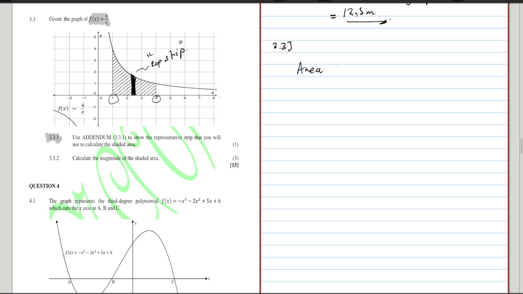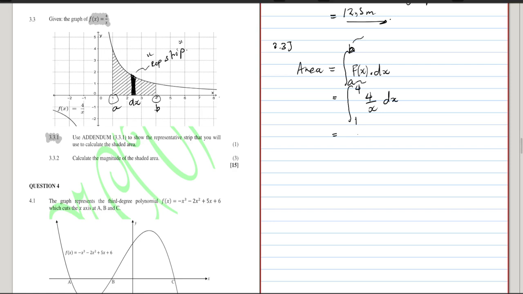Area is equal to the integral of f of x multiplied by dx, from a to b. The upper bound is 4, the lower bound is 1, f of x is 4 over x dx.